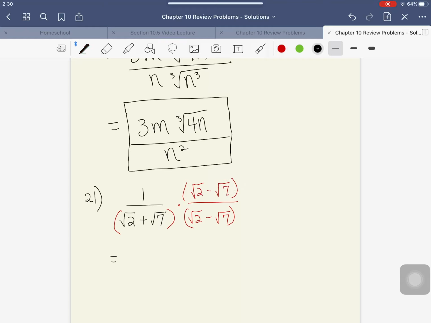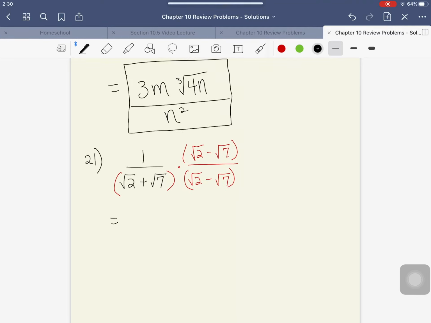All right, so in the numerator, 1 times anything is itself, so I have the square root of 2 minus the square root of 7. In the denominator, I need to FOIL, so that'll be the square root of 4 for first. Outer will be minus the square root of 14, inner plus the square root of 14, and last minus the square root of 49. The middle terms will cancel.